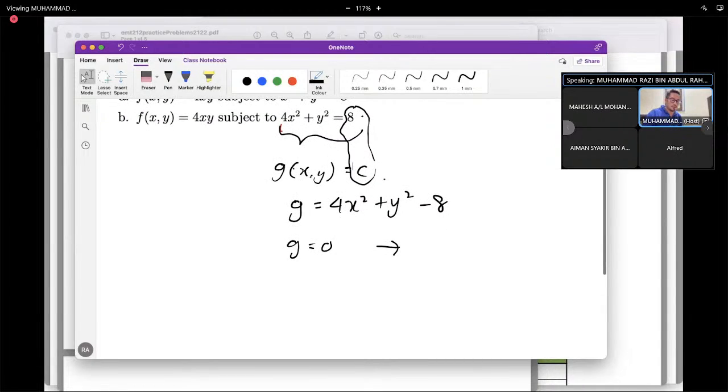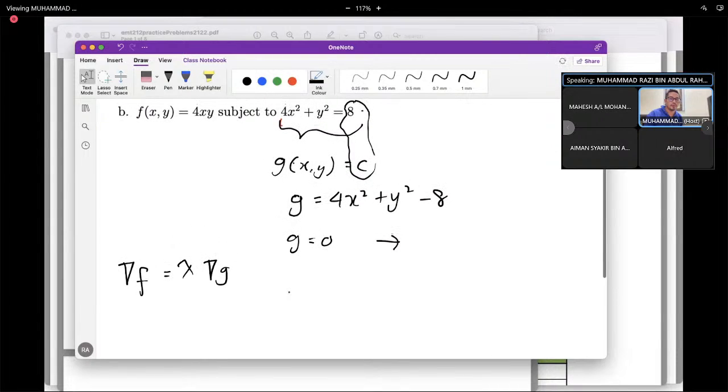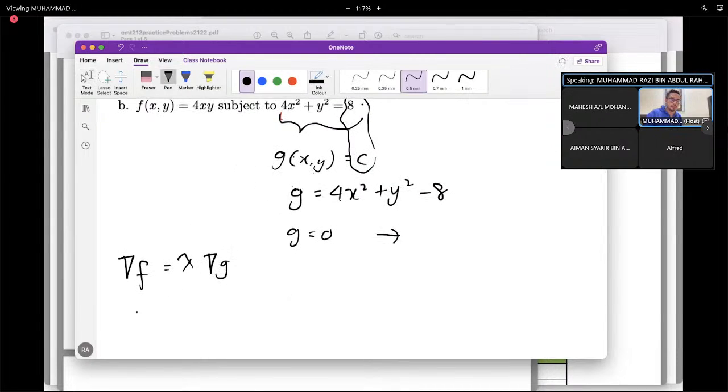So you just work as usual: you take the gradient of f and set it equal to the Lagrange multiplier lambda times the gradient of g. So what is f? This is where you have to be careful with how you take the partial derivative, because this x and y can be mixed up easily.